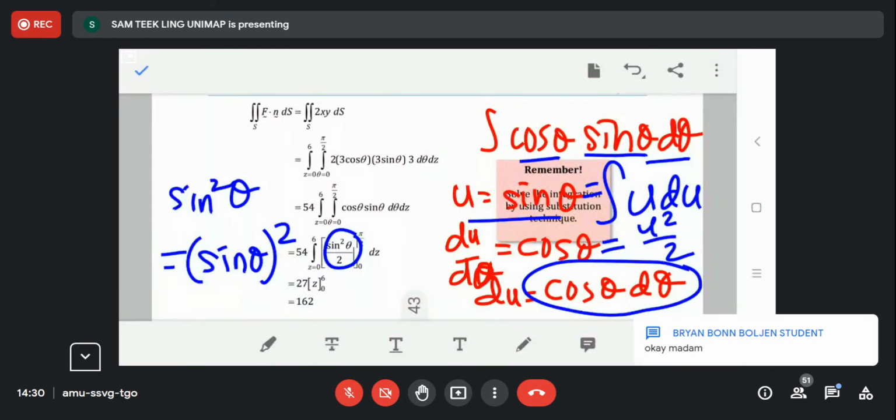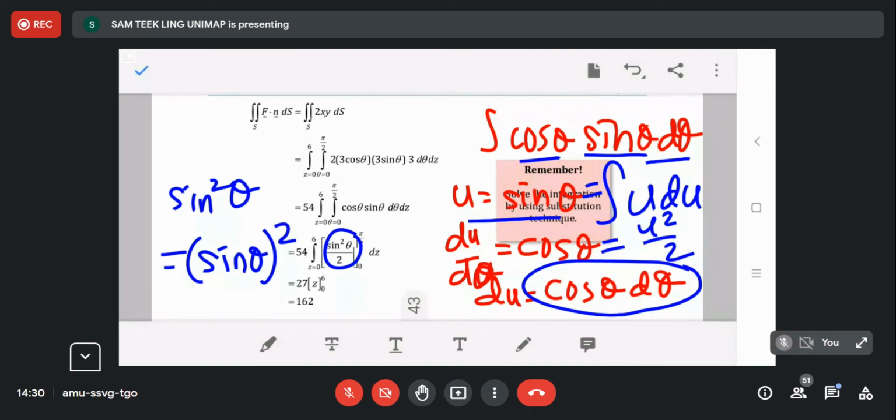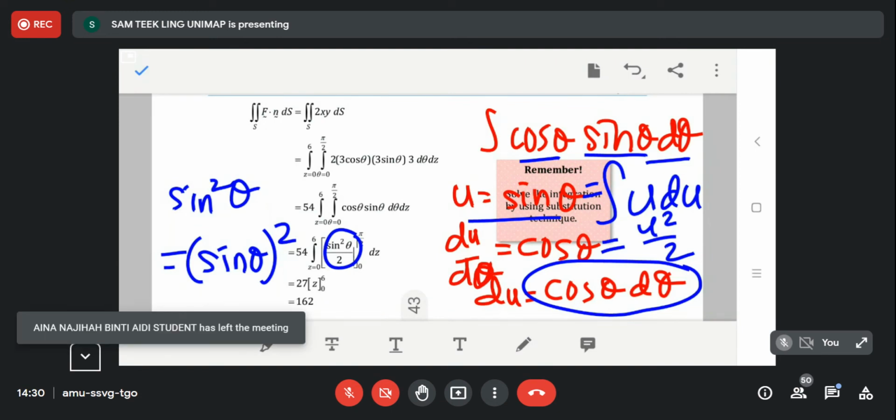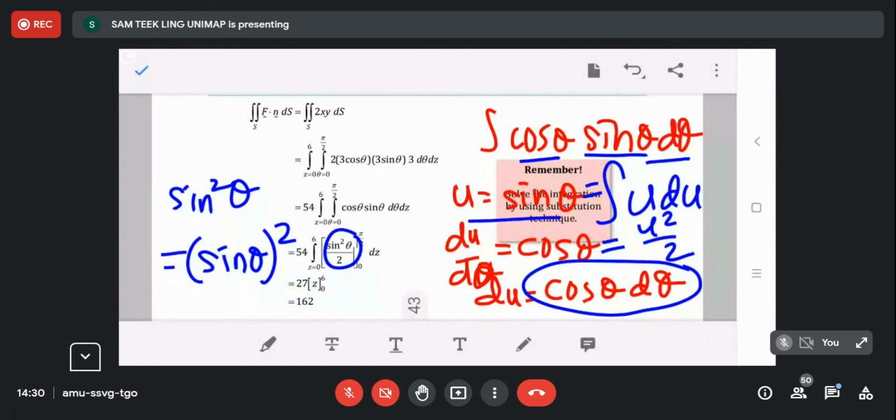So still got any question? If no question, because this one is the basic. If you understand surface, volume is no problem, because surface is more difficult than volume. Your volume has only one limit set.